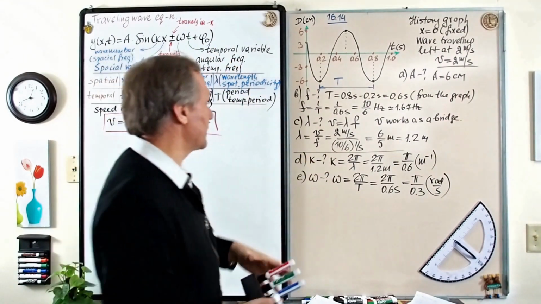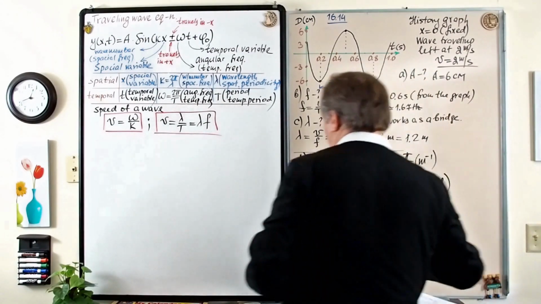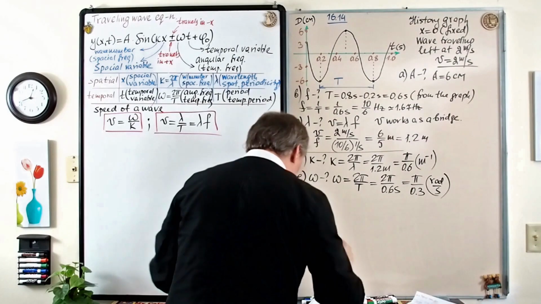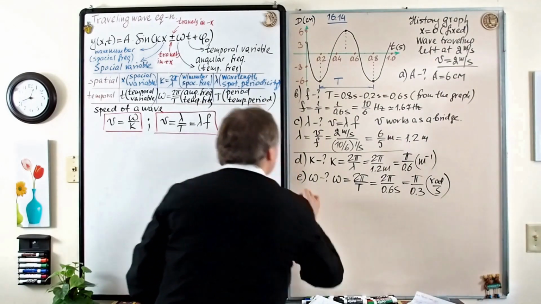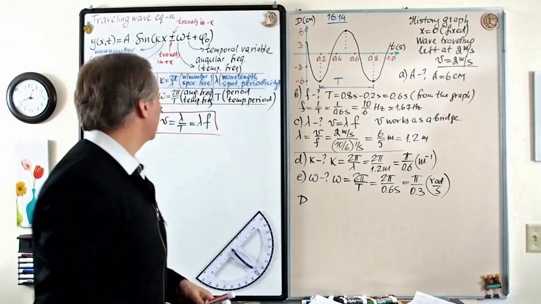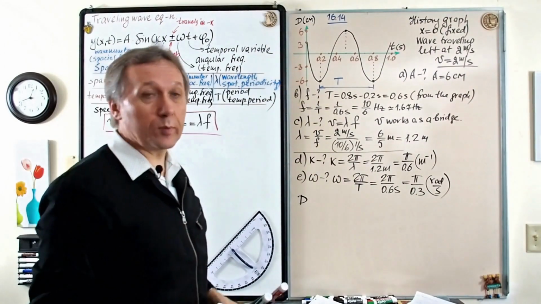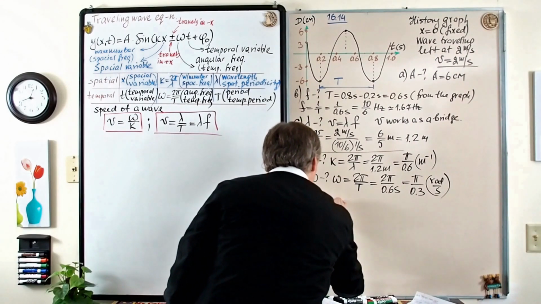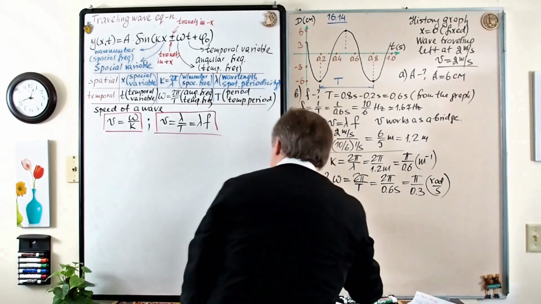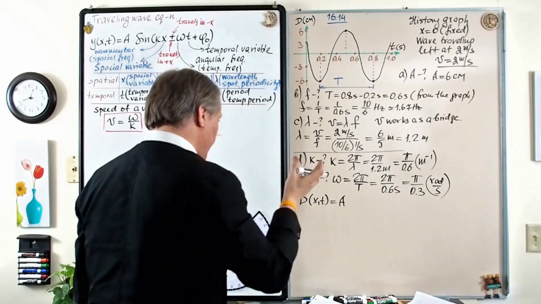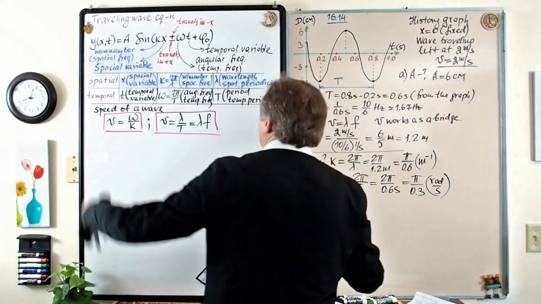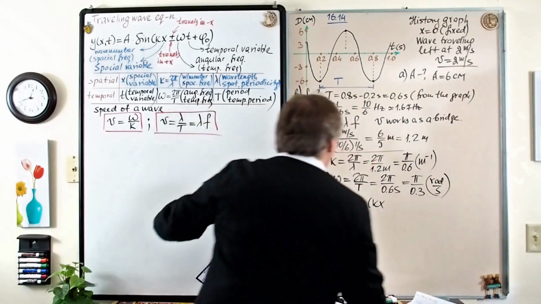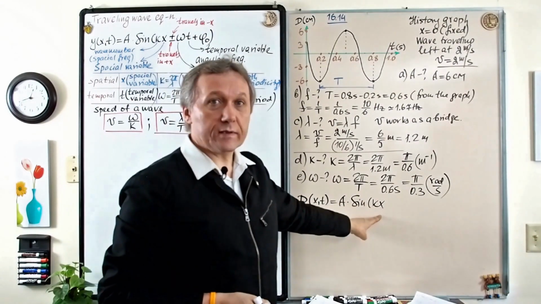Let me write it down, and then see what else we need to find. So now I can write the displacement d, because that's what we have here. Here we had y, but in the problem it's d as a function of x and t equals amplitude times sine of kx, since our wave still propagates in the x direction.